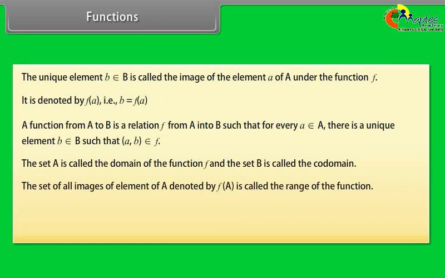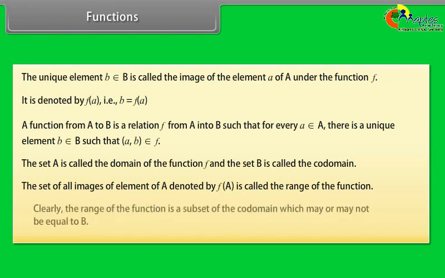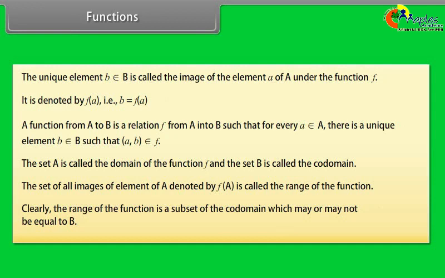The set of all images of elements of A, denoted by f(A), is called the range of the function. Clearly, the range of the function is a subset of the codomain, which may or may not be equal to B.